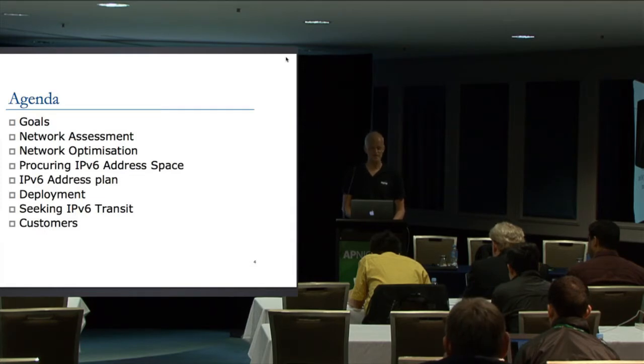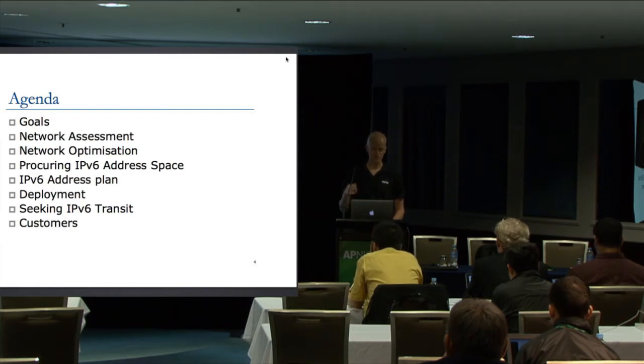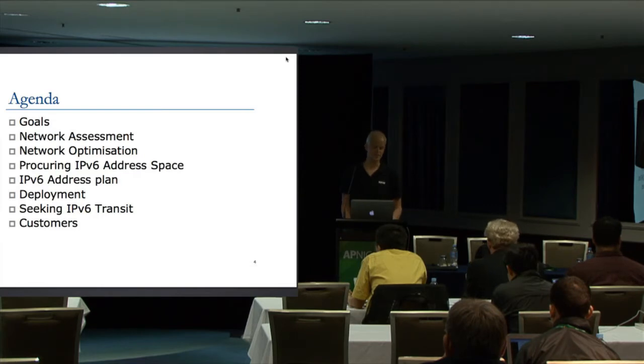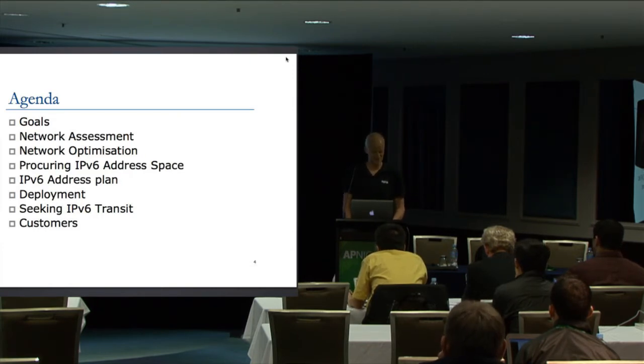These are the 8 steps that I have been following when I help other network operators deploy V6 on their infrastructure. If it looks like a funny order to you, there's a reason why I've been doing it this way, as we'll see as we step through the slide set.